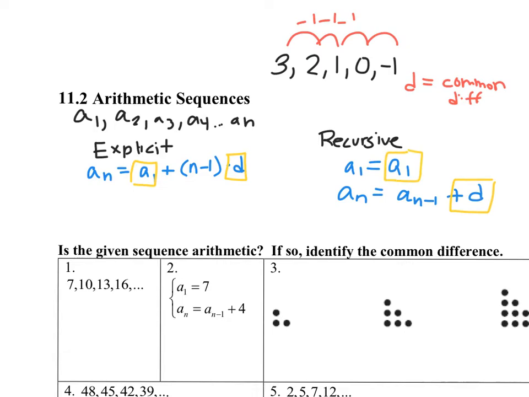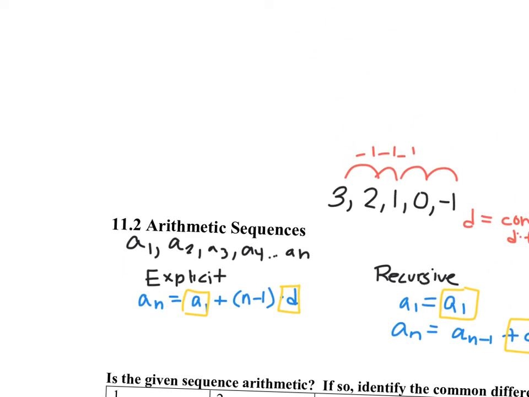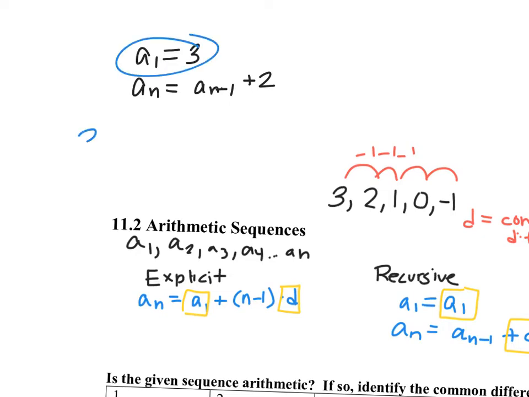So I'm going to do a little bit of this recursive formula here. What's the recursive formula mean? So if you had this recursive formula, a sub 1 equals 3, and a sub n equals a sub n minus 1 plus 2. What this means is the first term is 3, and then you're going to take the previous term and add 2.